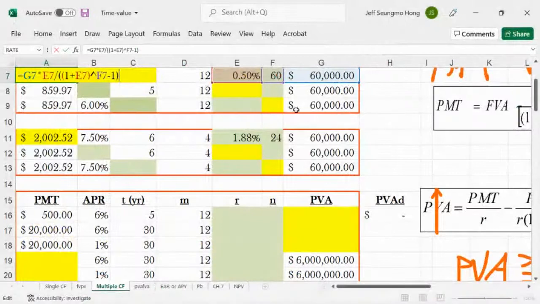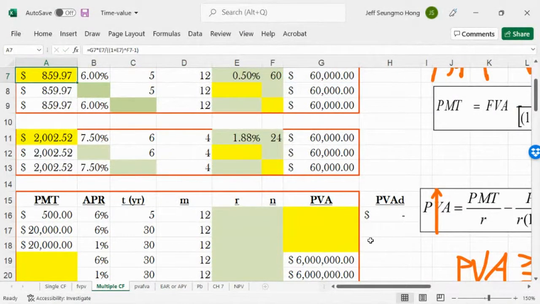All right. Then let's think about how to solve for R and how to solve for N. Now, unfortunately, for the rate, R, there is no single unique formula for finding R in annuities.